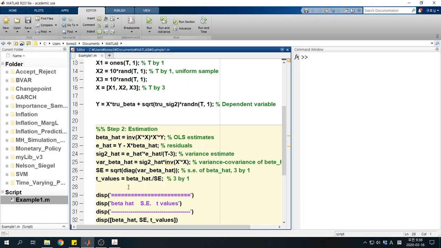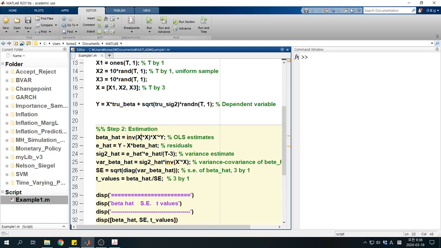We have no idea what the true parameters for beta and sigma squared are, right? So that's why we estimate the parameters using econometric techniques. Here we are going to use ordinary least squares, and we know its formula, right? Its formula is X prime X inverse times X prime y.